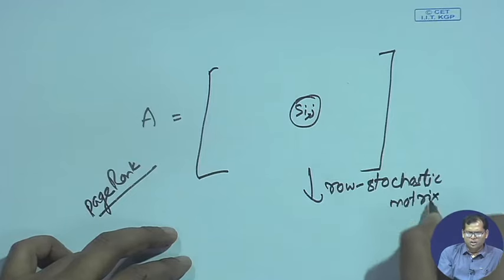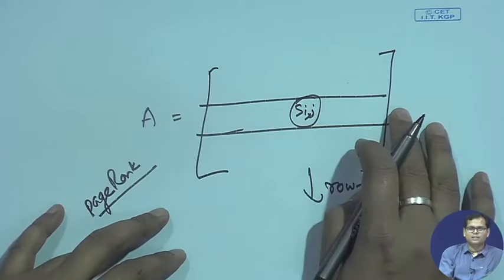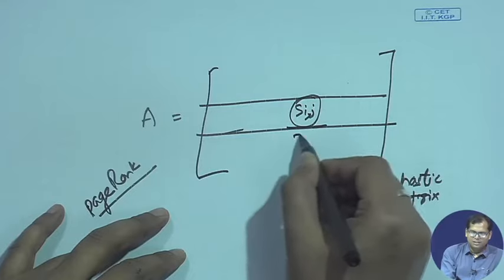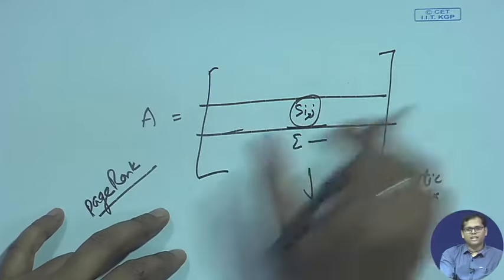What do I mean by a row stochastic matrix? Such that all the elements in an individual row add up to 1. How do you do that? You take all the elements in a row, sum them together, and divide each element by the summation over all these elements, and that will ensure that all these elements add up to 1.